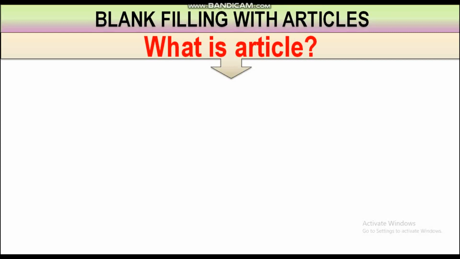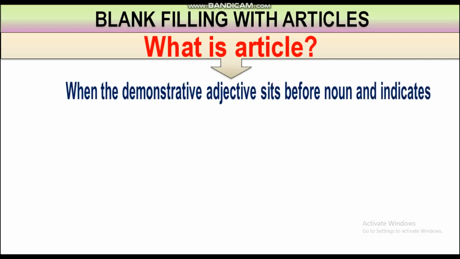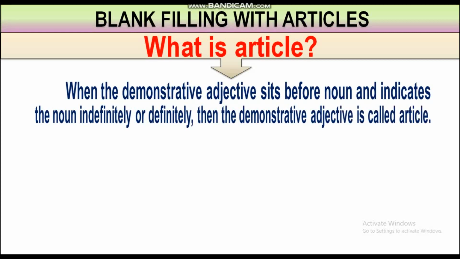Again, if we read about the origin of articles that I have discussed later, there we see that articles have originated from demonstrative adjective. And the task of articles is to talk about nouns sitting before them in general or in specific. So dear students, you can define articles like this. When the demonstrative adjective sits before noun and indicates the noun indefinitely or definitely, then the demonstrative adjective is called article.